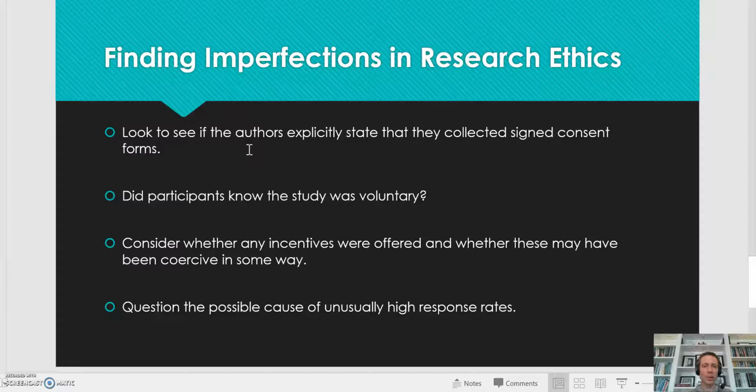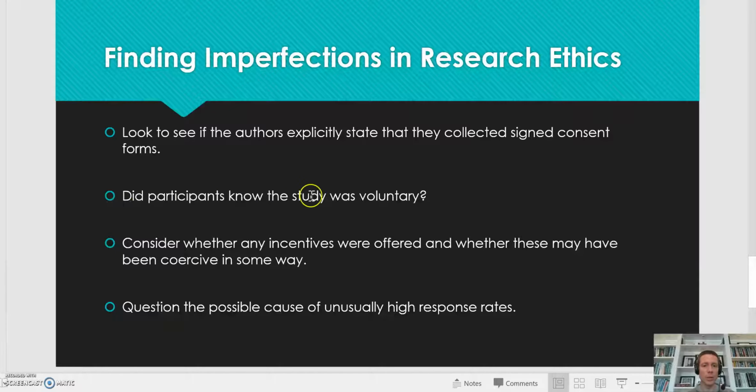They don't always require you to list that participant consent was attained prior to conducting the study. Some do, however, but that's one thing to look for, and I'll show you some examples of that in a second. It would normally be in the methods section.